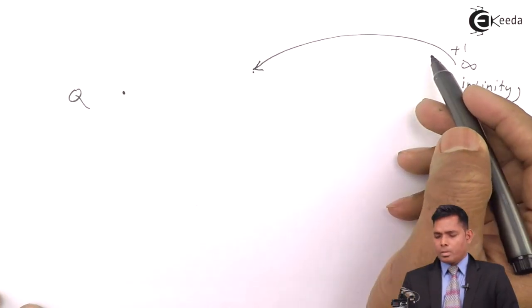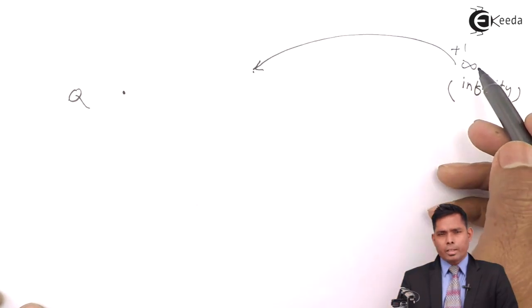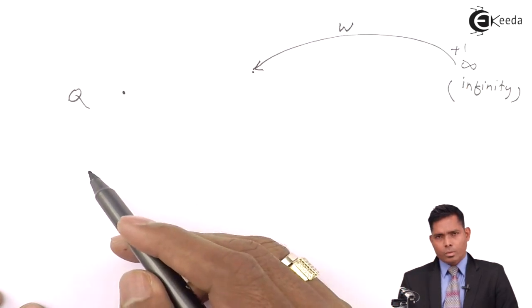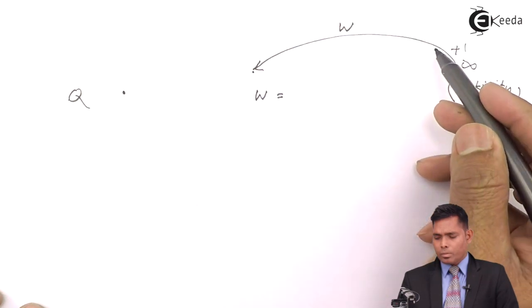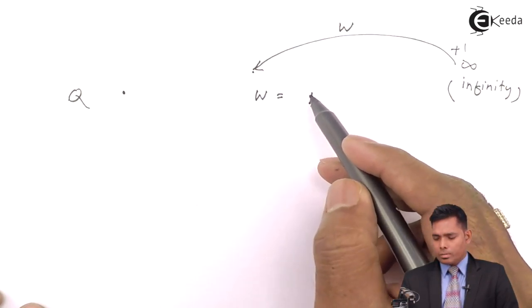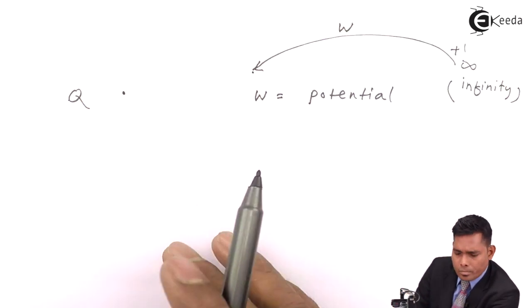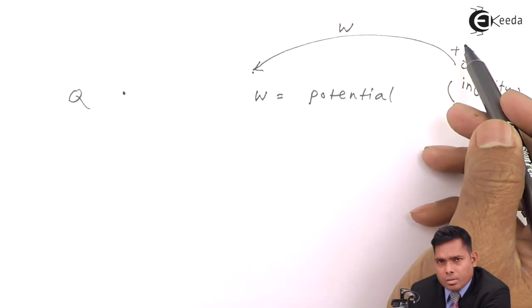Then it will not come automatically, because this charge is positive and the source is also positive. So we have to do work against the electrostatic force of repulsion. Whatever work I am doing, that work done per unit charge is called potential. This work done is the potential.